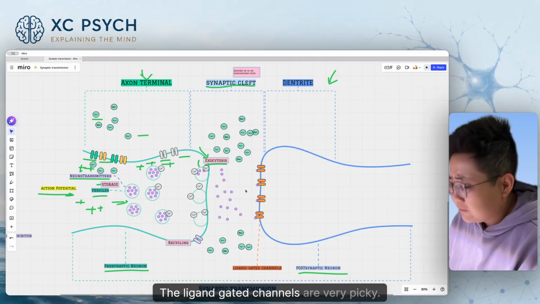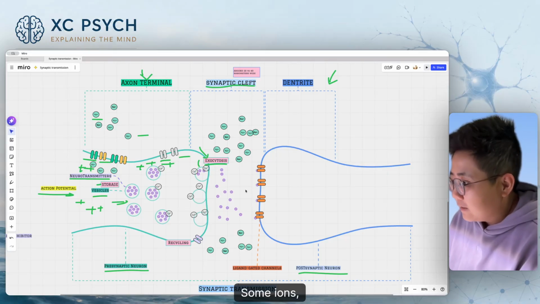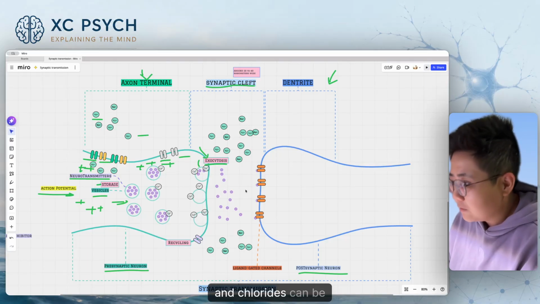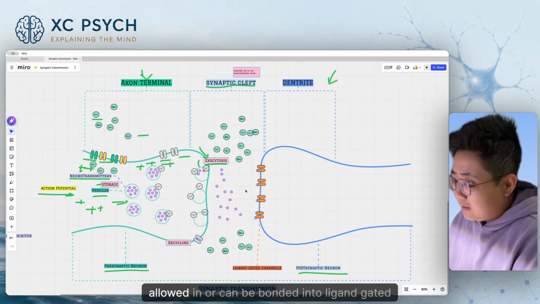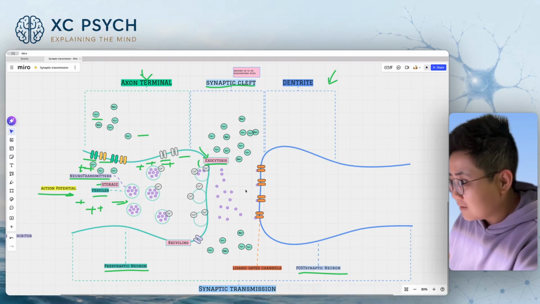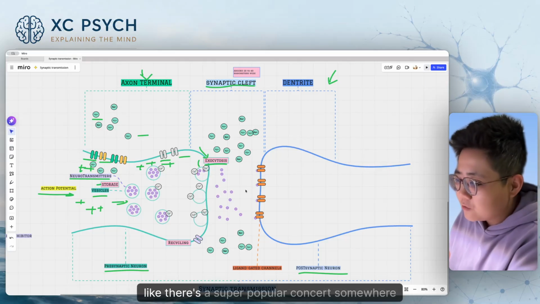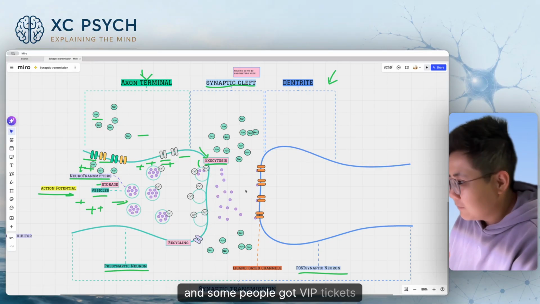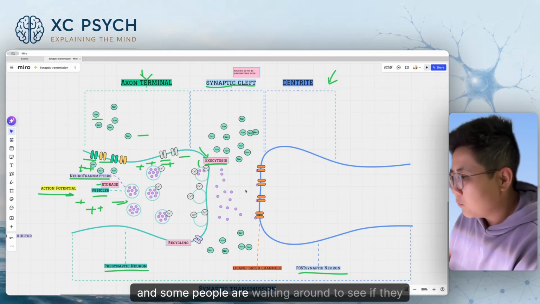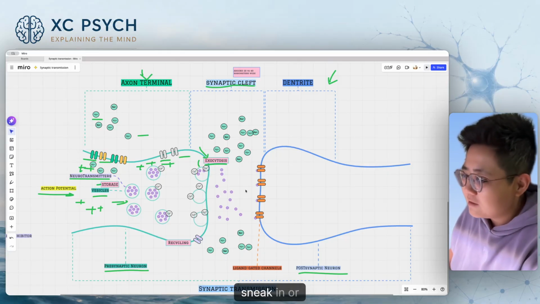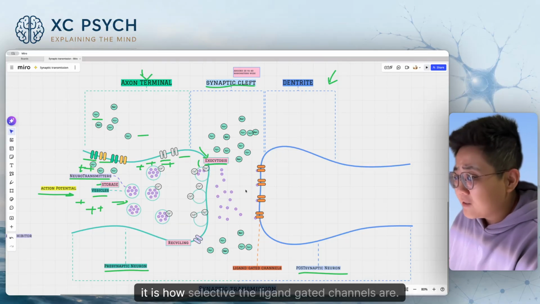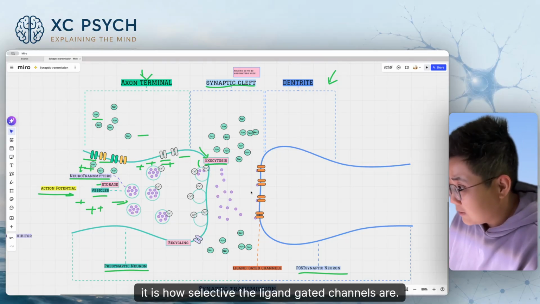The ligand-gated channels are very picky. Some ions, like neurotransmitters, sodiums, and chlorides, can be allowed in, but some cannot. Just imagine there's a super popular concert somewhere, and some people got VIP tickets, and some people are waiting around to see if they can sneak in or get a last-minute sale. That is how selective the ligand-gated channels are.